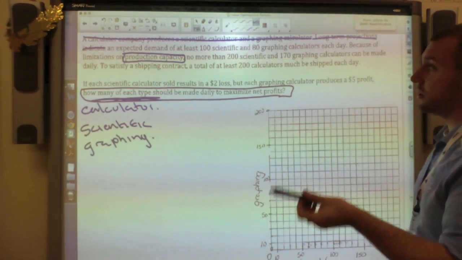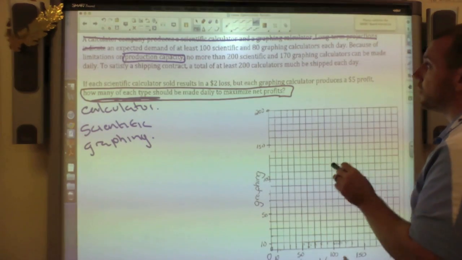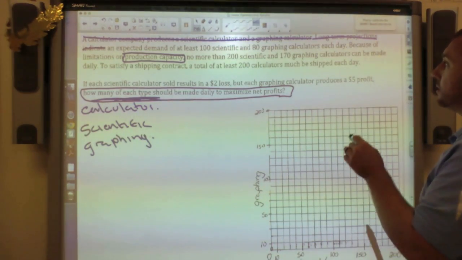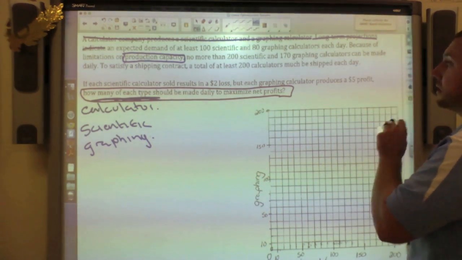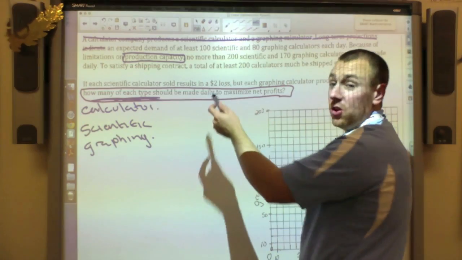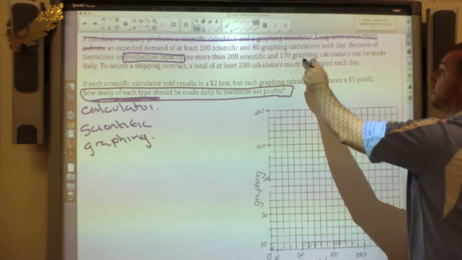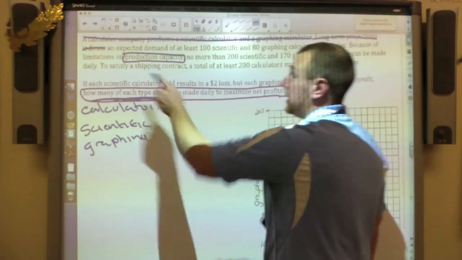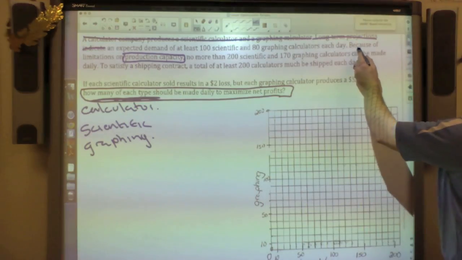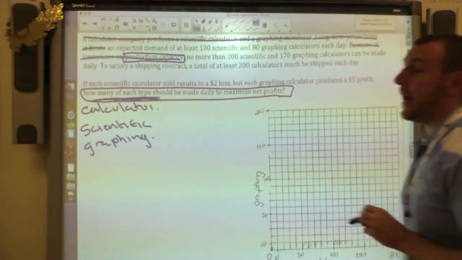Because of limitations on production capacity, no more than 200 scientific and 170 graphing calculators can be made daily. Really, it tells me that no more than 200 scientific and 170 graphing calculators can be made daily. So I don't even need to know that.